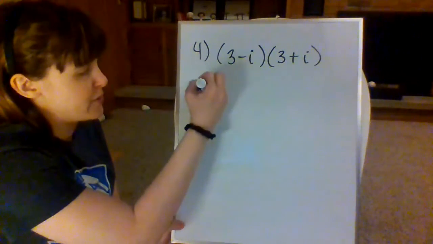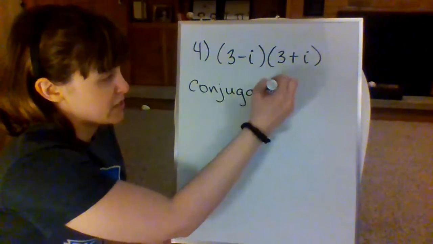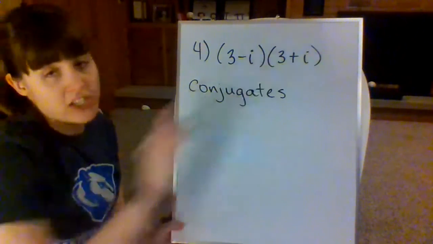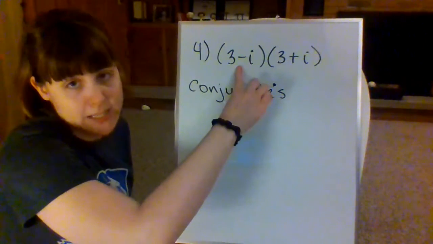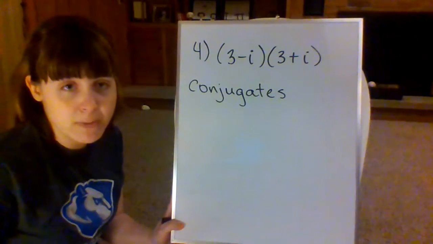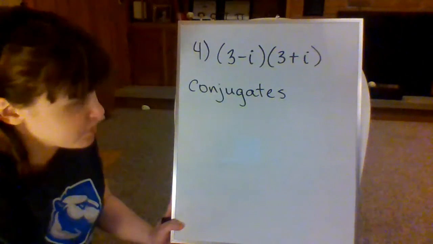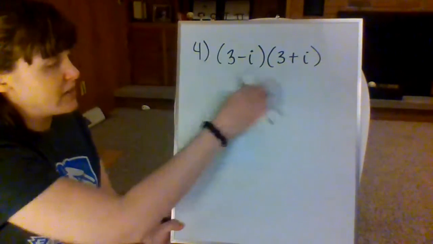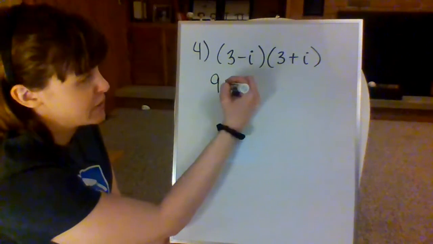So I'll write that word first. So this is not Spanish class, but these are conjugates of each other because they're the same except for the signs in the middle. This is a minus and that is a plus. And when we do the FOIL method, you're going to notice that the middle portions cancel out. Okay, so that's the beauty of conjugates in terms of complex numbers.